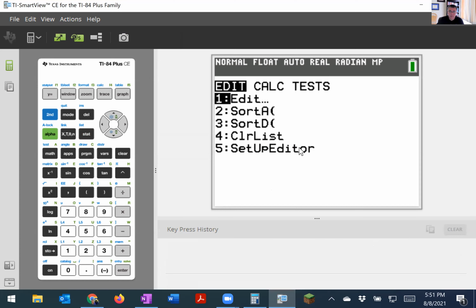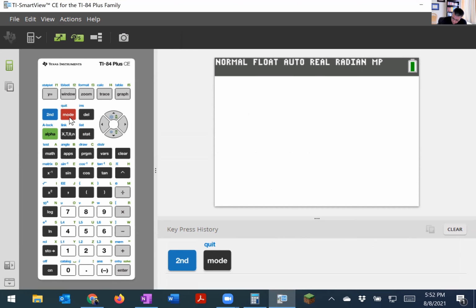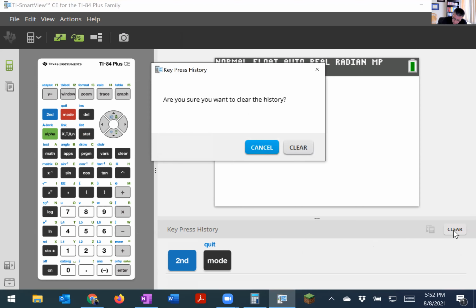That gives me my key press history, so when I press a key here, it should hopefully show up. Okay, so I'm going to quit out of this. This is what the calculator would look like if you just booted it up.